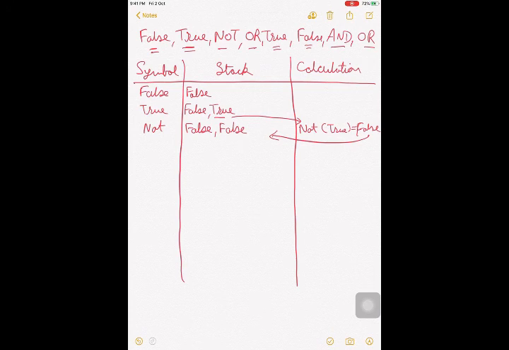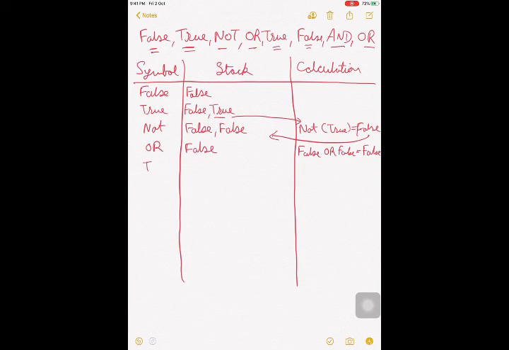Okay, now you get or. It is an operator, so you write it like this: false or false equals false. You must know the rule. In OR, if any one of the operands is true, the answer is true. But here both the operands are false, so the result will be false and this result will be pushed back.